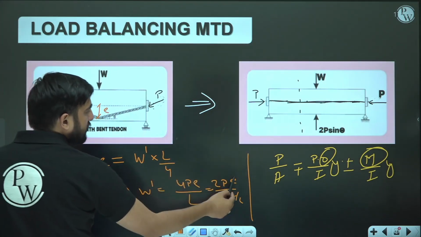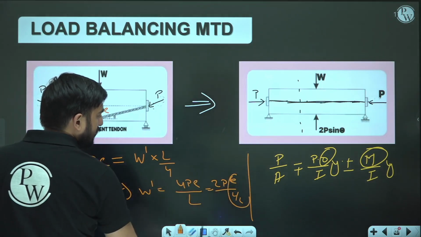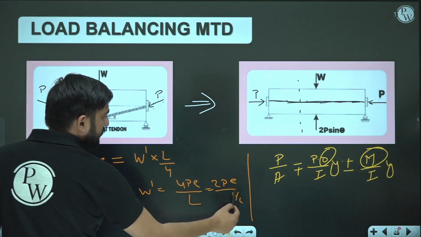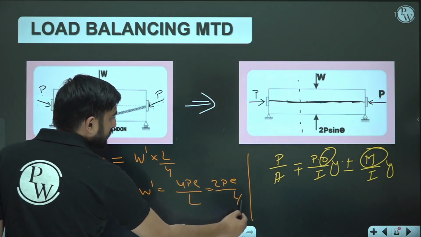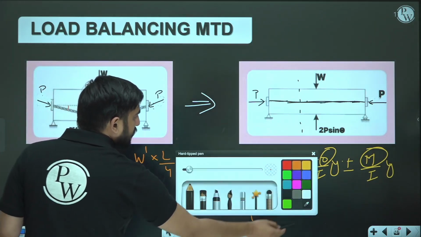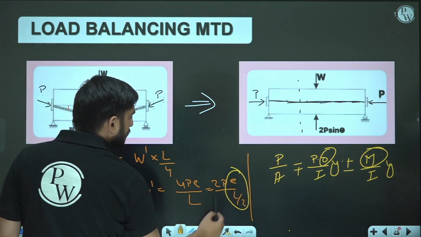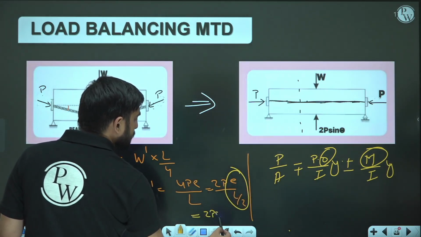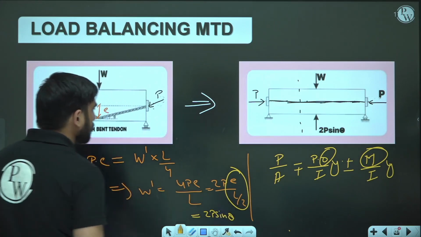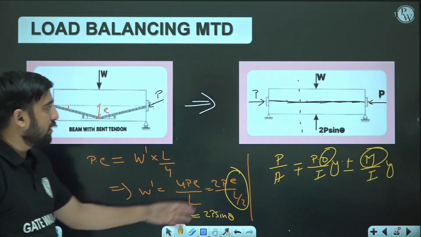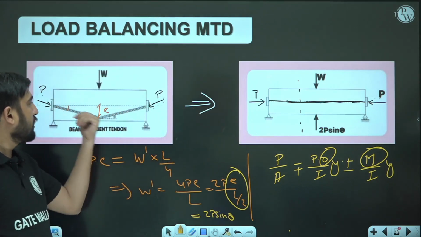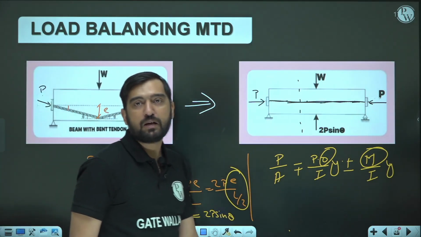So just to match, I am writing sin theta. So 2P sin theta. So either you can balance the bending moment due to load, or from mechanics you can draw the vertical component.